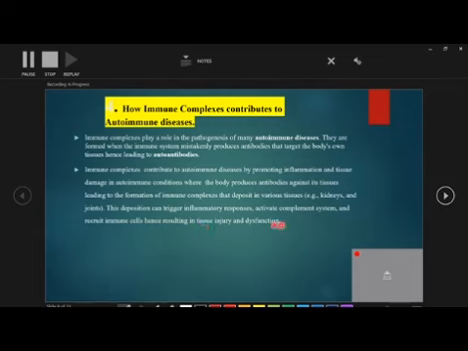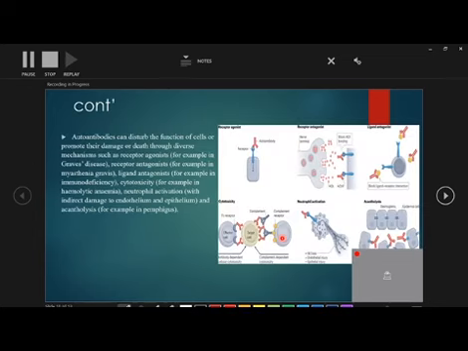Among the signs and symptoms of inflammation, there are redness, swelling, and pain. This is a diagram that highlights how the immune complexes contribute to autoimmune diseases via the following mechanisms. One is receptor agonistic, which is common in Graves' disease.